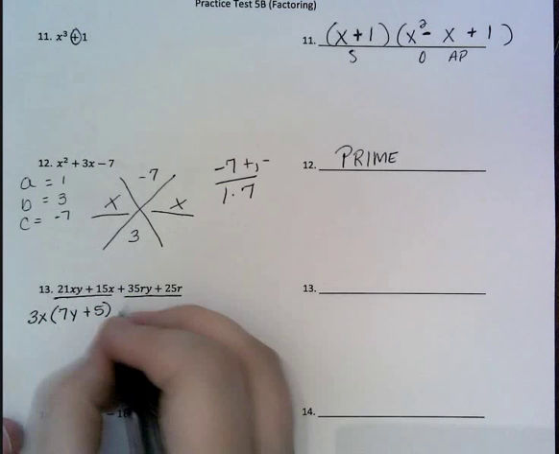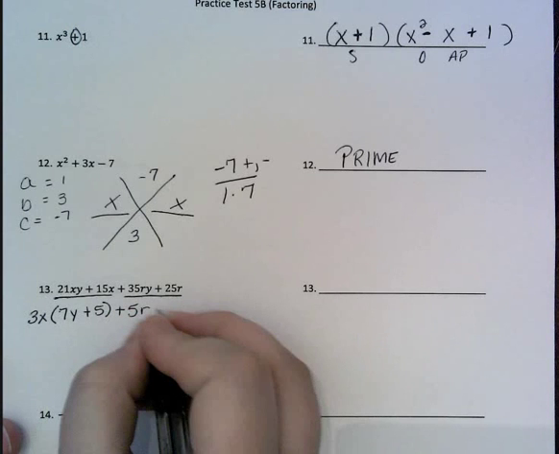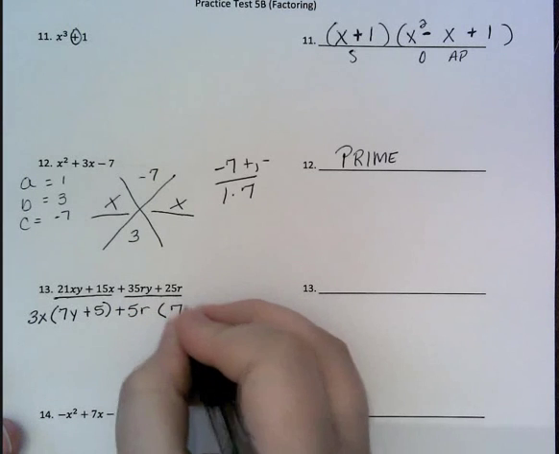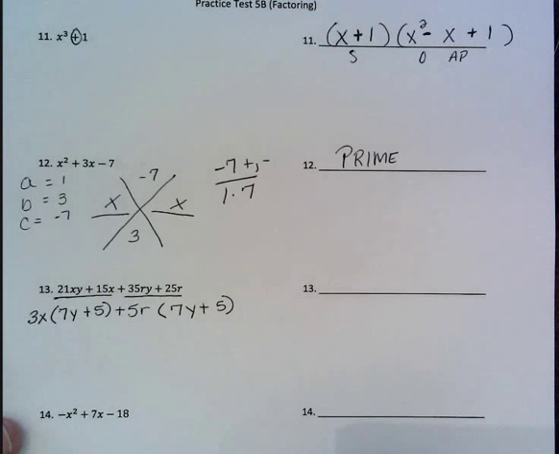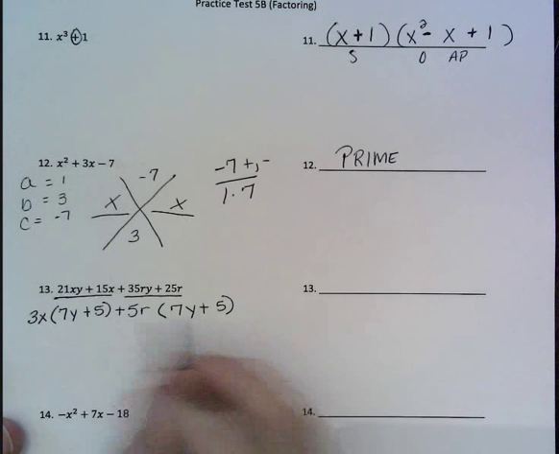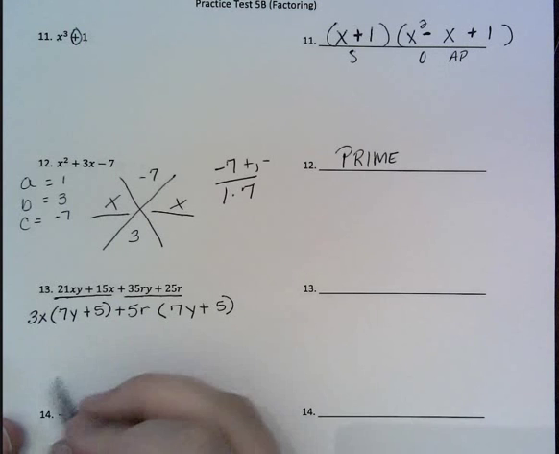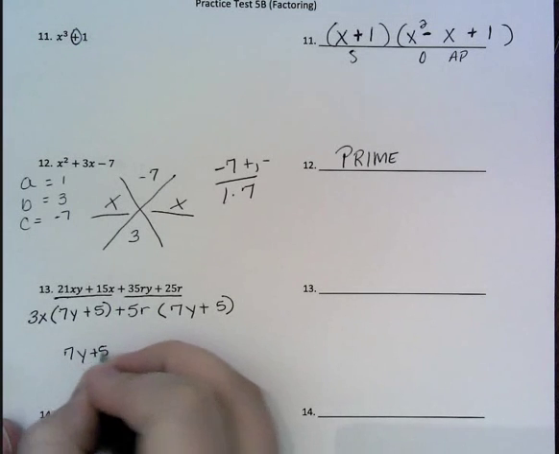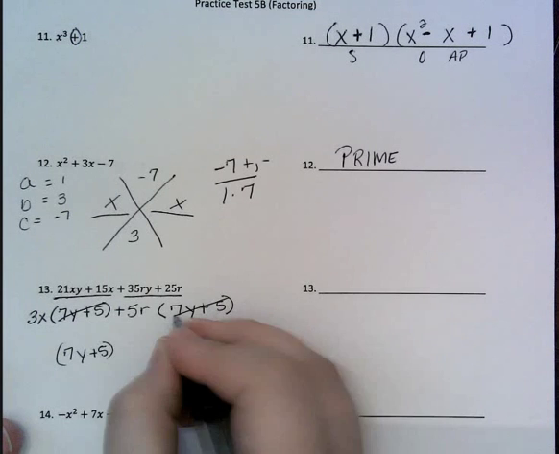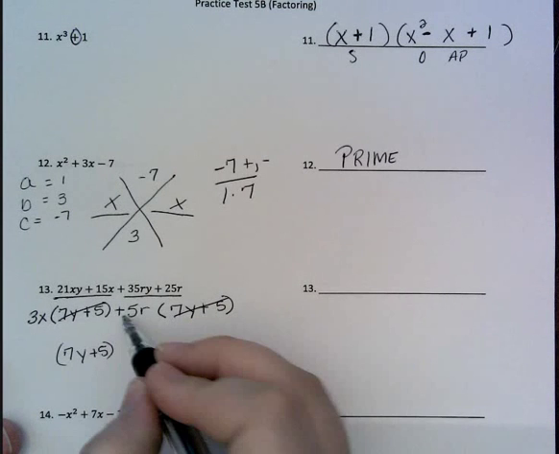And then I take out a 5r in the second 2 terms, which leaves me with 7y plus 5. Check and make sure you have the same in each parentheses. Since we do, we take out that greatest common factor of 7y plus 5. And then we're left with 3x plus 5r.